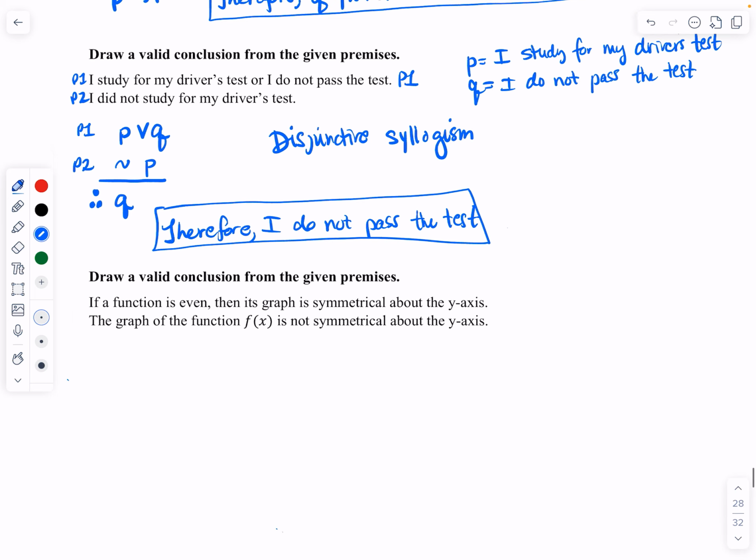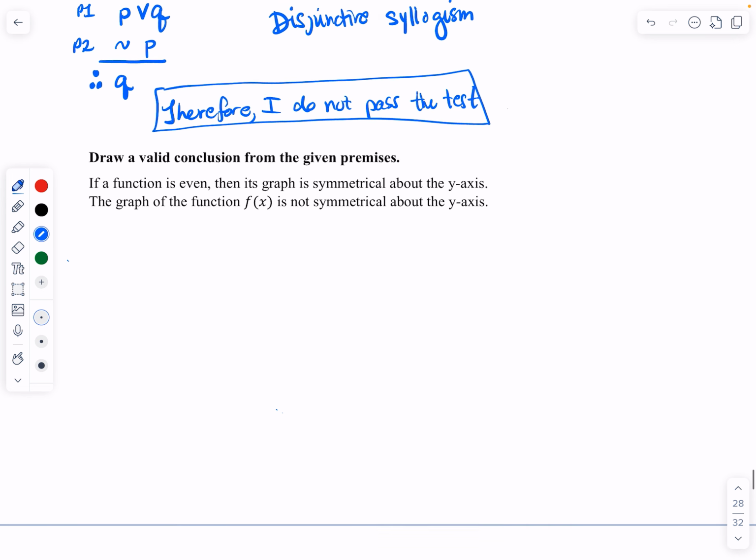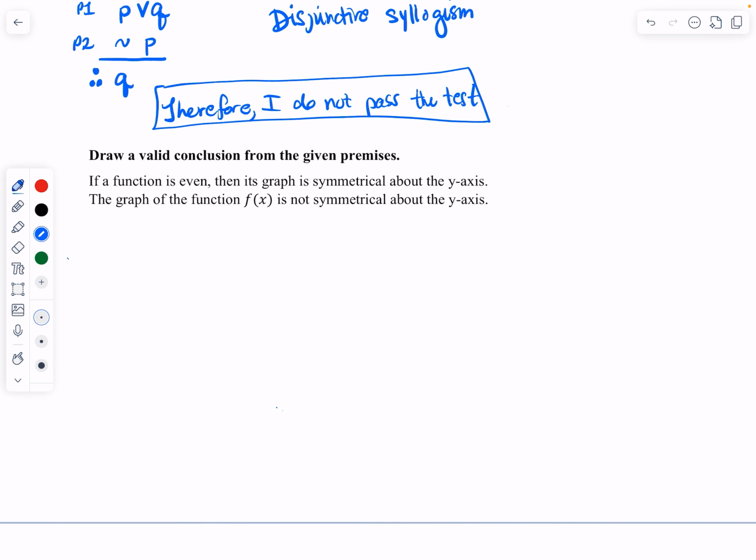One more. If a function is even, then the graph is symmetrical about the y-axis. The graph of the function f of x is not symmetrical about the y-axis. Okay, and we have to find the conclusion. So P is going to equal the function is even.